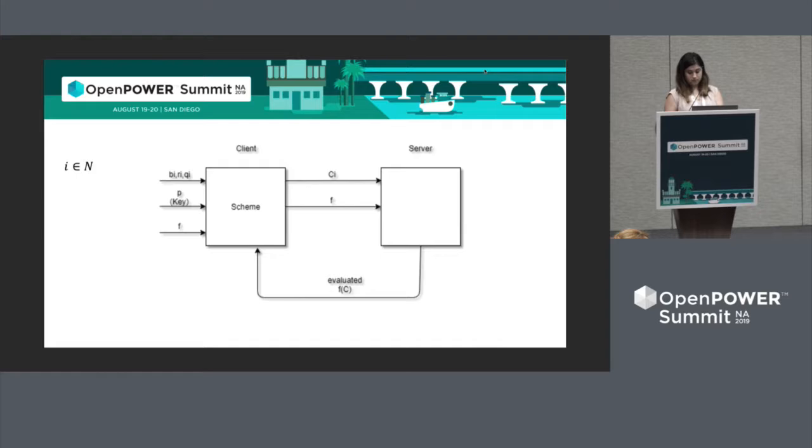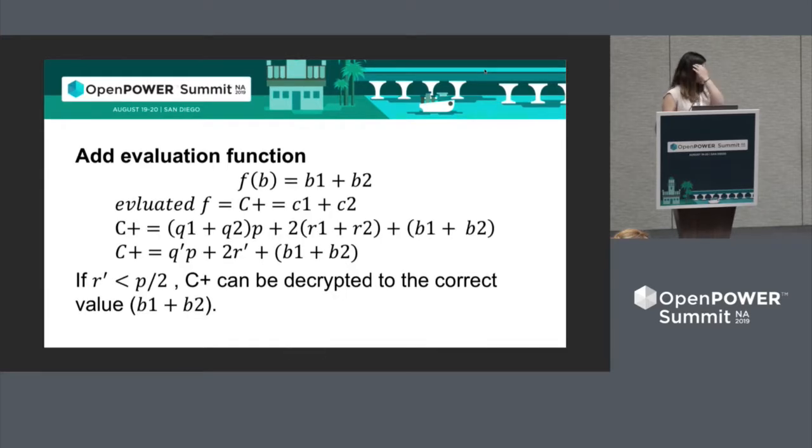All right. So let's look at one evaluation function. The client wants to know what F of B is, which is B1 plus B2, but doesn't want the server to know what B1 and B2 are. So it will give out C1 and C2 to the server.